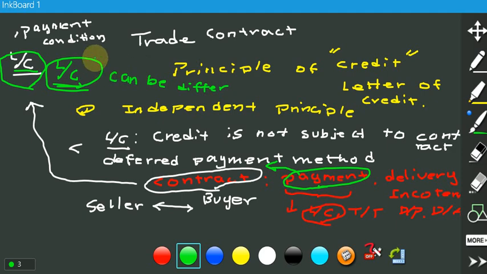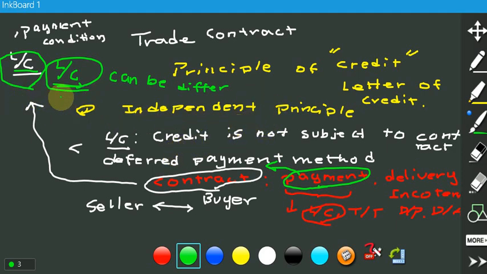The content of this letter of credit is different from the content of the contract payment condition. Understand? This is the so-called independence principle of credit.